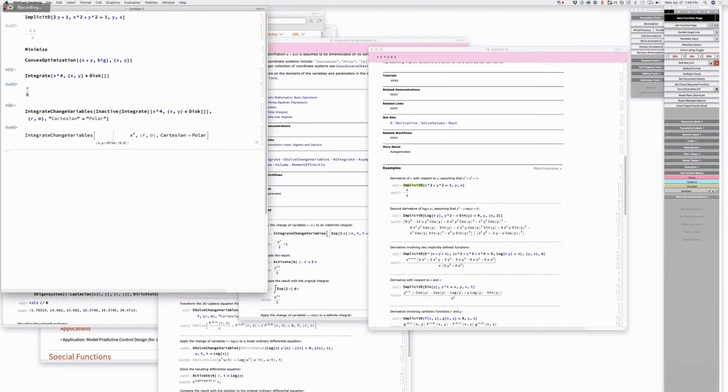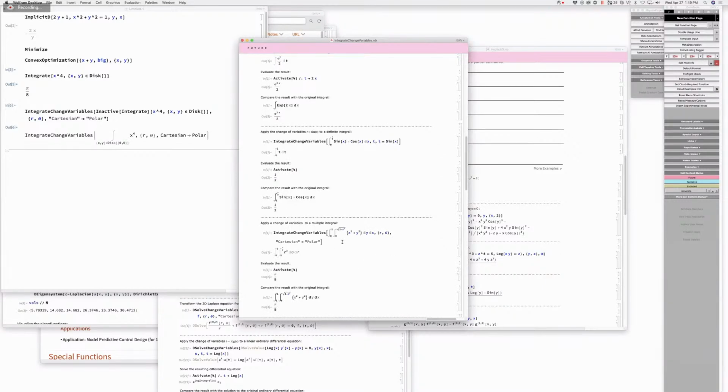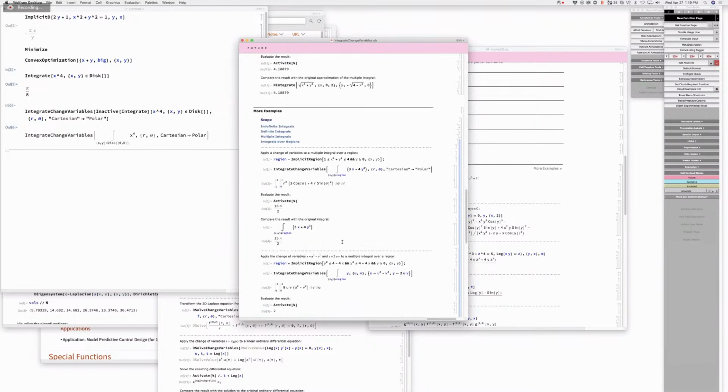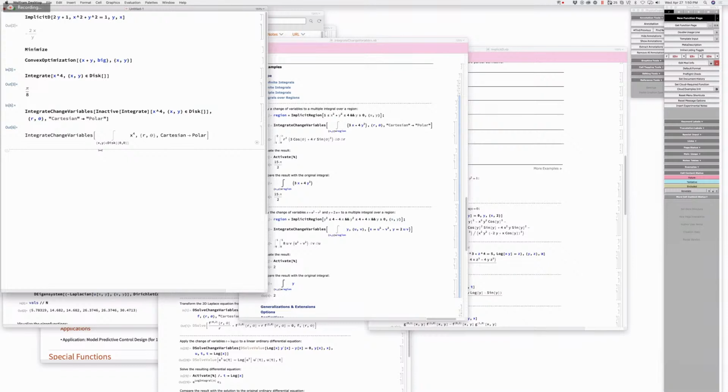So you have a disk. Did I get this wrong? Looks okay to me. Okay, so there's a bug here. How would I write the Cartesian to polar thing as an equation?